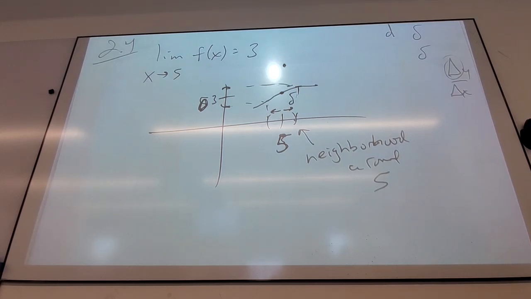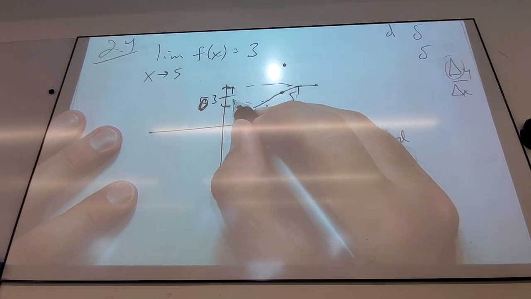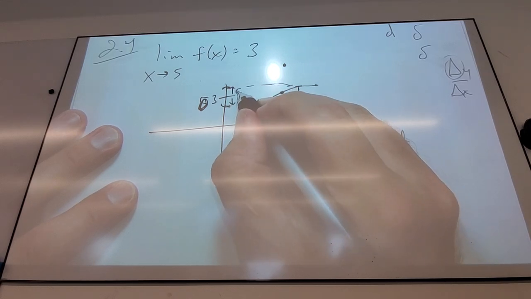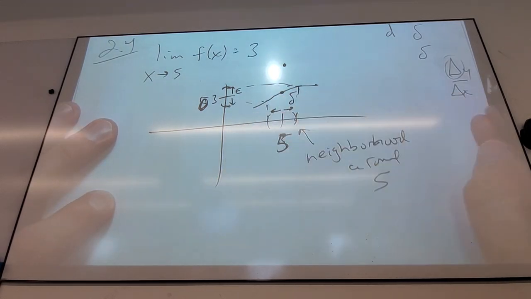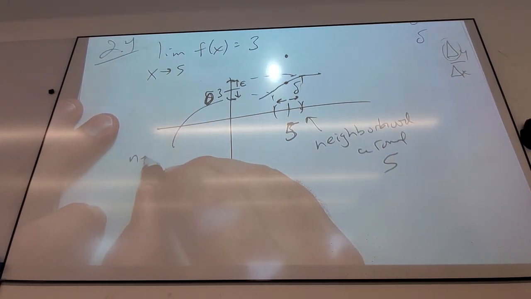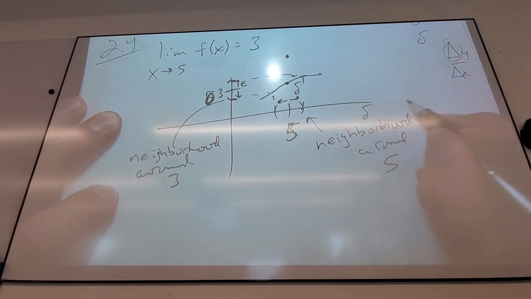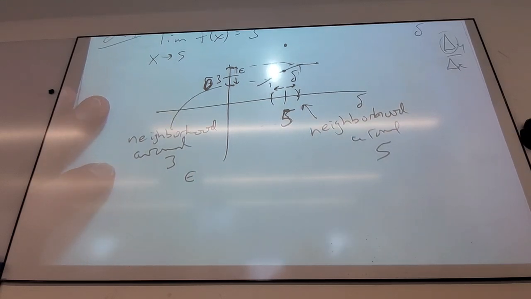Let me define this: this distance here is epsilon. This is the same idea, a neighborhood around 3 on the y-axis. This one's controlled by delta, and this one's controlled by epsilon.